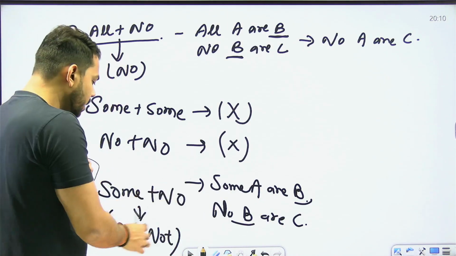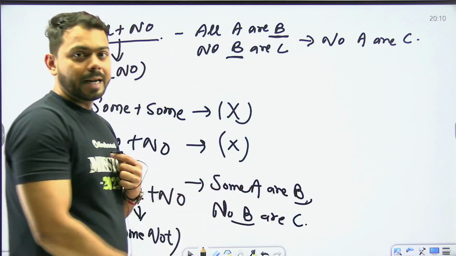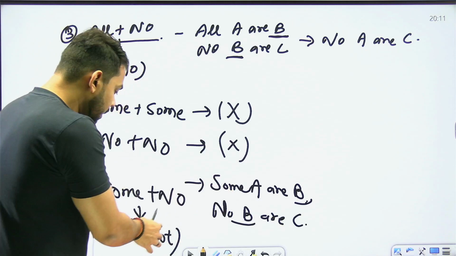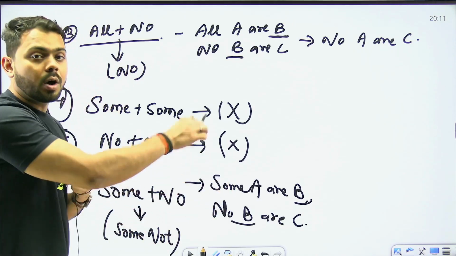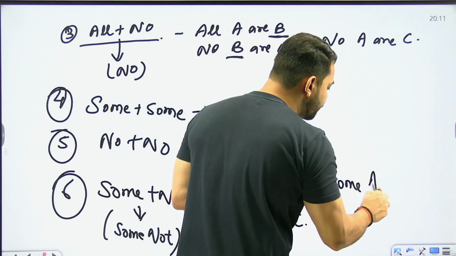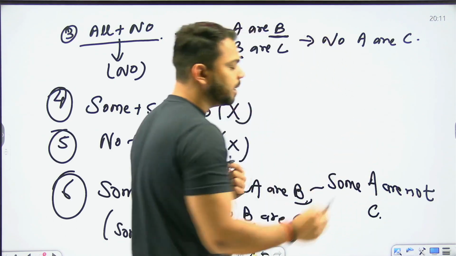And here also, in the some plus no part, the predicate of the first is matched with the subject of the second statement. So the conclusion will be in some not format. That means some A are not C. The conclusion will be some A are not C.